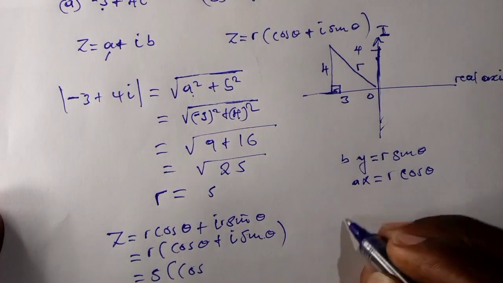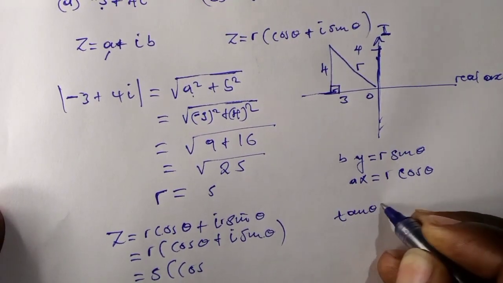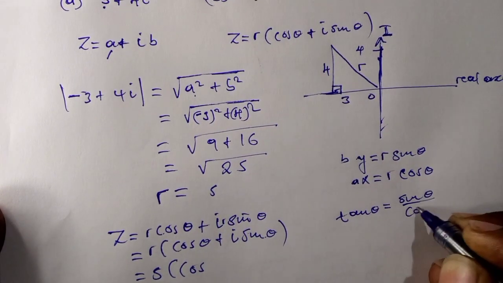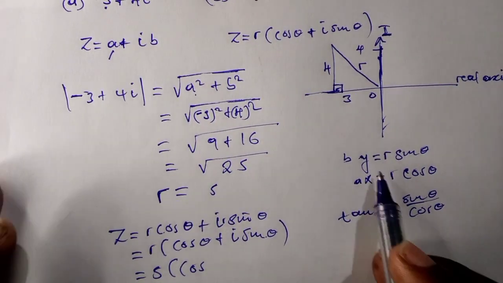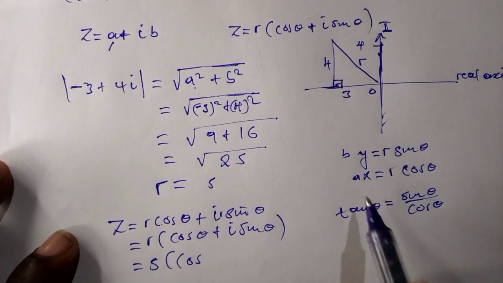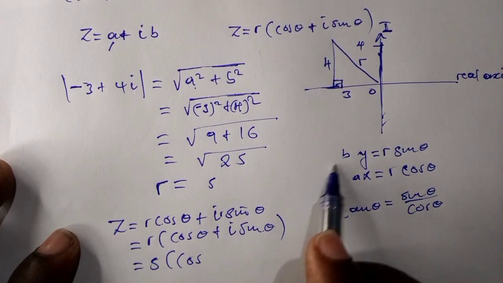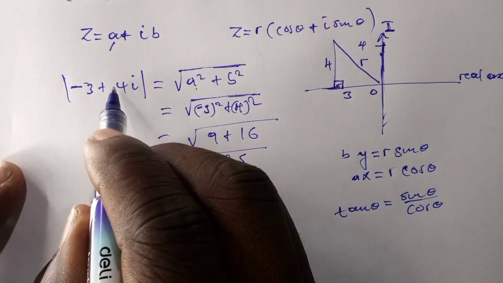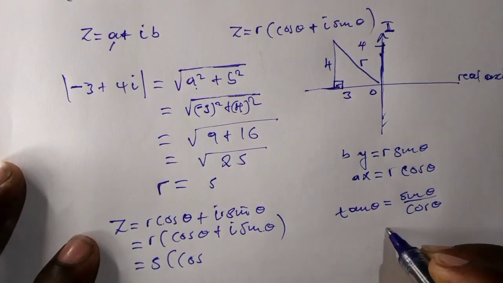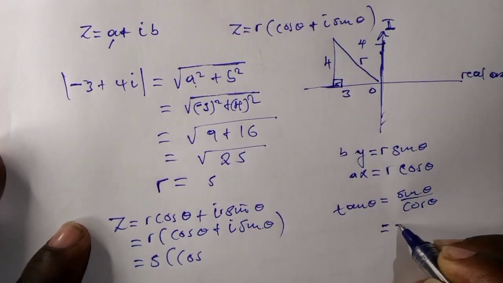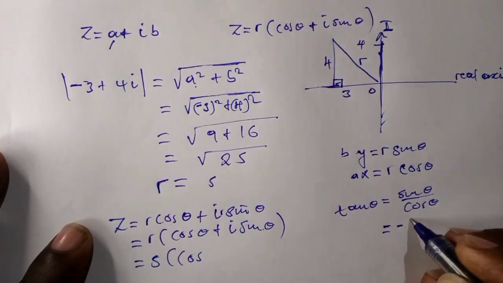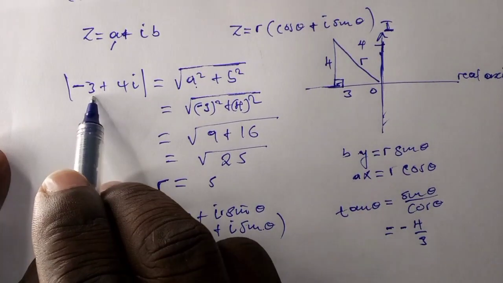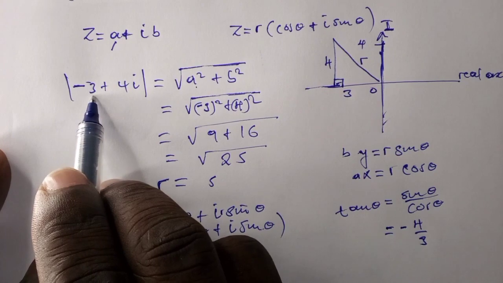We are going to do a tan. We all know that tan theta is equal to sin theta over cos theta. From this equation which we have here, sin theta is b, which means we have 4, which is equal to, because of this negative, minus 4 over 3, where a is minus 3.